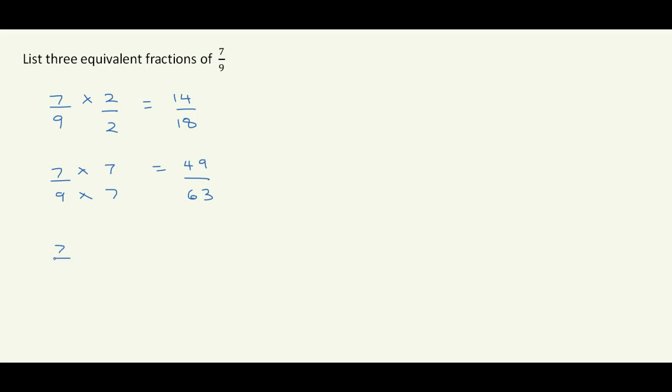We can also multiply by 13 on both the numerator and denominator. So 13 times 7, 3 times 7 is 21. 1 times 7 is 7 plus 2, 9. So that's 91. 13 multiplied by 9. 3 times 9, we have 27.